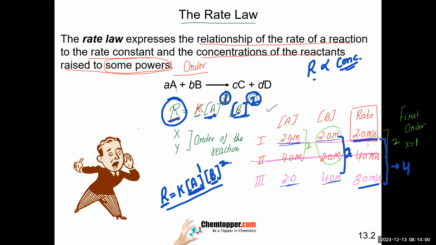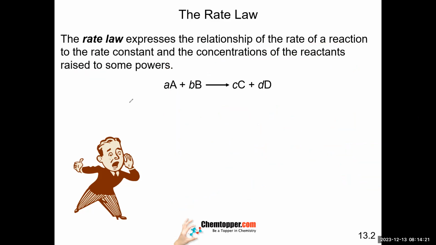So in many questions, you will be given this experimental data, and you'll be calculating the order and writing the rate law. Any question here, children? So what is rate law?